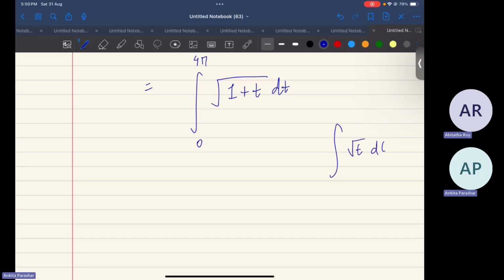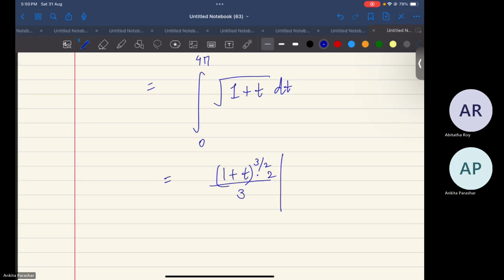That will help. If we use a standard rule, this becomes 1 plus t to the power 3 by 2 into 2 by 3. Exactly right. You have to just go by this. That's all, from 0 to 4 pi.